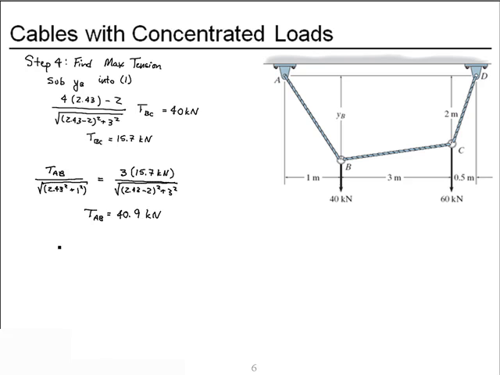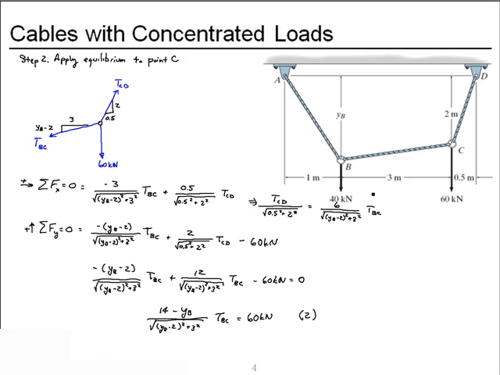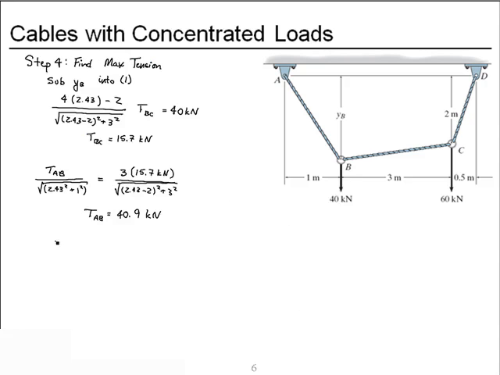But now let's look for segment CD. And to do that, we're going to use this relationship that we derived earlier. Again, we have the tension in segment BC. We'll solve this relationship for the tension in CD.